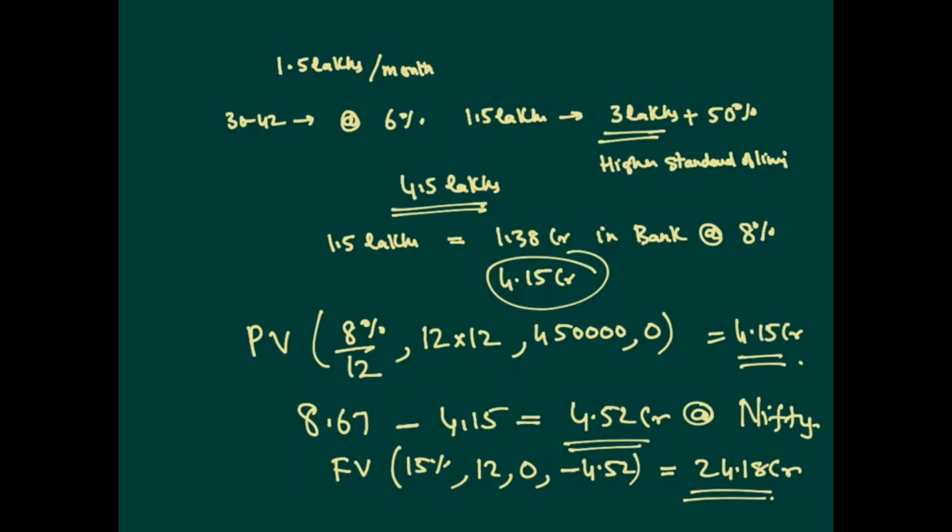So we were saying that you now have 24.18 crores. You're 54 years old. 24.18 crores you have, but now your standard of living, earlier it was, if you recollect, 4.5 lakhs per month.